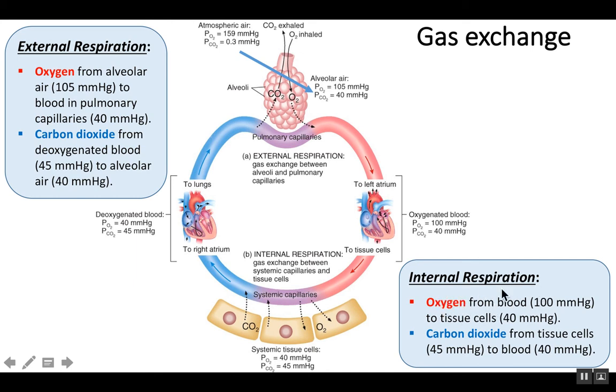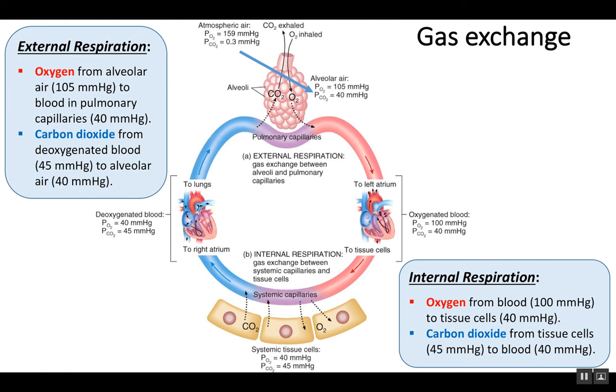Oxygen in the bloodstream, oxygenated blood, is at 100 millimeters mercury. Tissue cells is 40, so it's going to want to diffuse into those tissue cells. Carbon dioxide, since it's being generated by the tissue cells, there's going to be a larger amount of carbon dioxide in the cells compared to blood, and the carbon dioxide diffuses out of the cells into the blood.